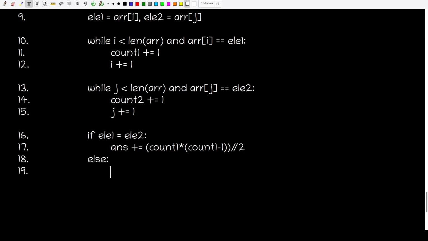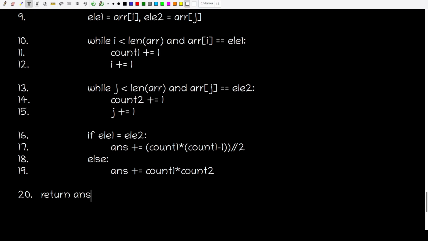And if this is case 1, then in such case, answer will be increased by count 1 into count 2. And in this way, we will be able to count the number of pairs, and towards the end, we just have to return answer. So that's the pseudocode, folks.